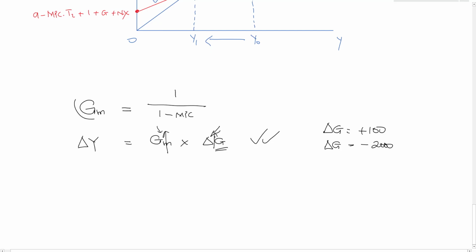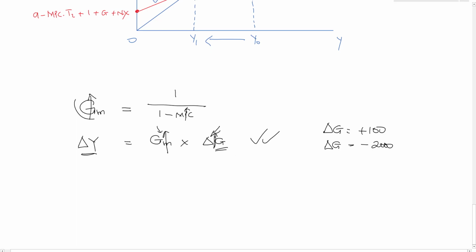Because if GM is big, then small changes in government spending are going to have a big impact on the GDP, right? And that government spending multiplier also depends on the marginal propensity to consume. So basically, if the marginal propensity to consume is higher, then the government spending multiplier will be higher.